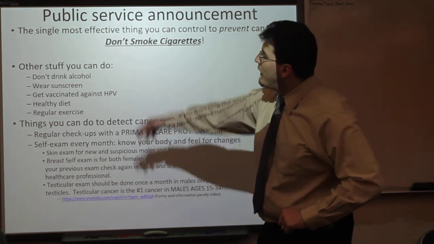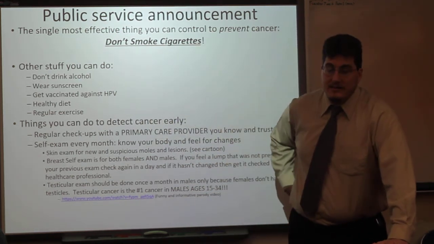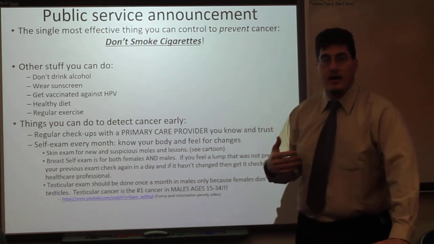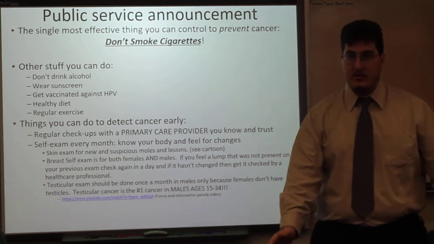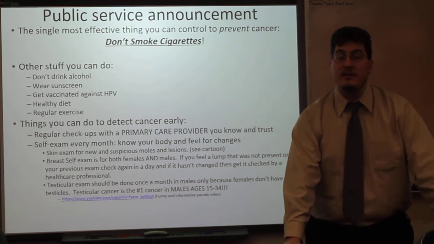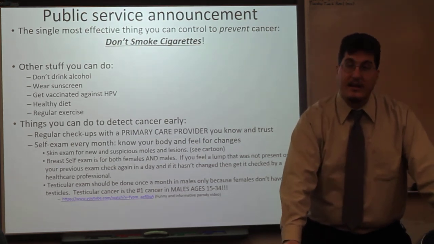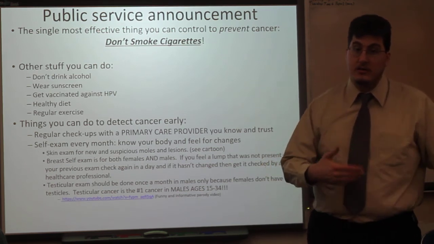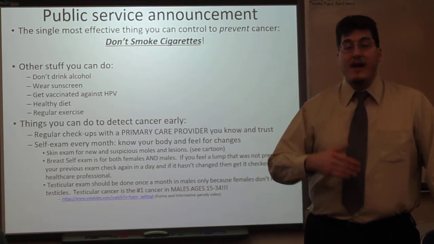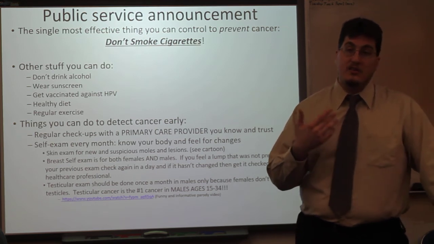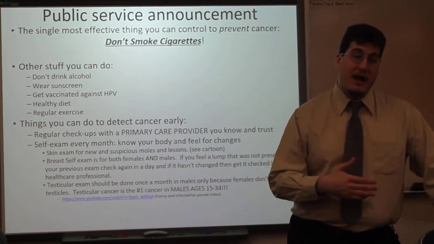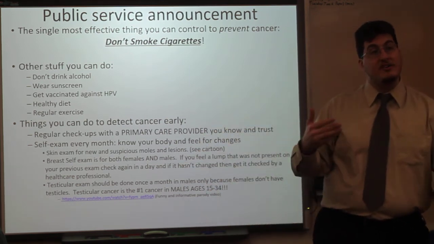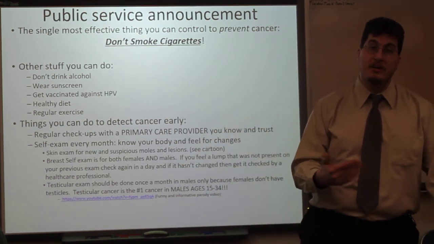All right, so healthy diet. A healthy diet increases your protection against cancer in the same way that a healthy diet increases your protection against any kind of disease. It improves your immune system response, and your immune system is designed to assess and remove threats before they become a problem. So a healthier immune system will actually take down cancer cells before they become an issue as well.